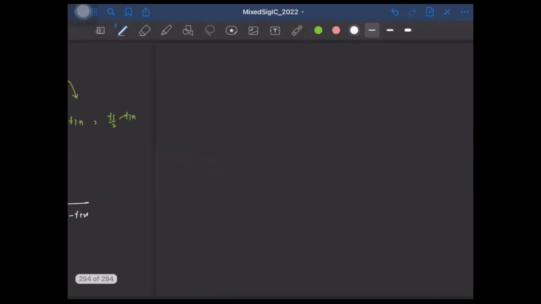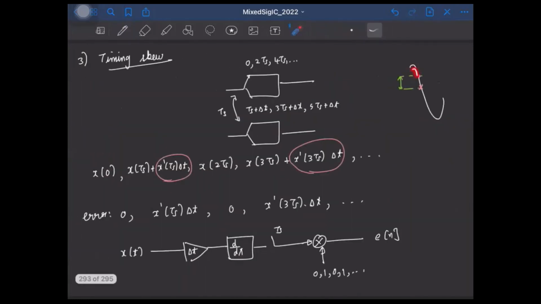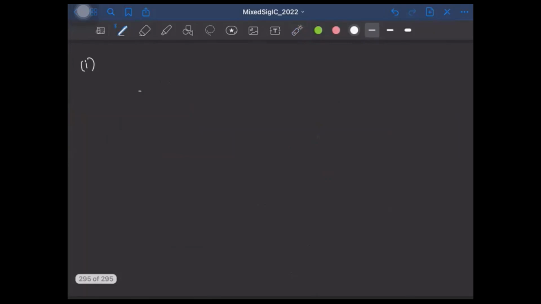Well, there are two possible things that can be done. One is to notice that we are having this error because the signal is changing continuously throughout the sampling period, right? So what we'll do is we'll have a global sample and hold.